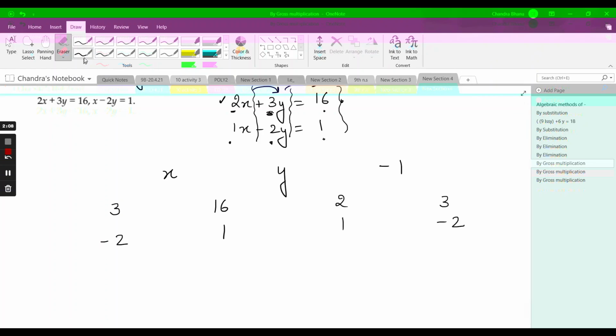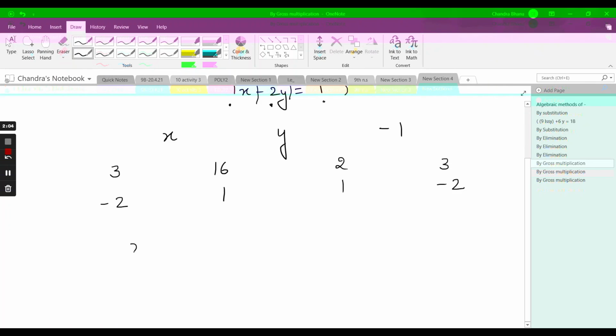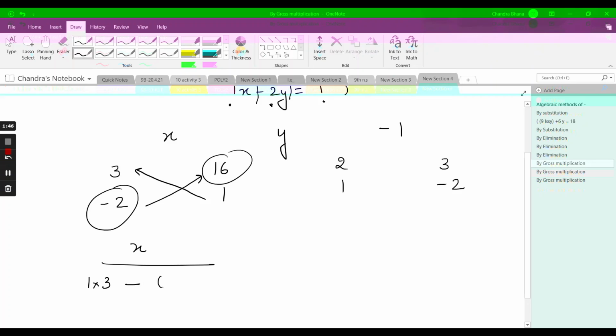Once your table is ready, then we have to form some ratios here. What are the ratios? x upon 1 into 3 minus 2 into 16. 1 into 3 minus this term into this term. So it is minus 2 into 16.